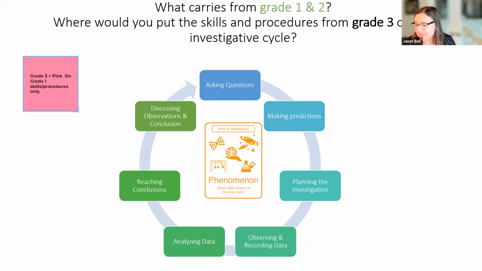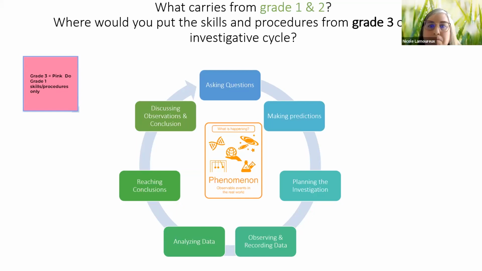Okay. So the comments coming out: grade 2, lots of work on the planning, measurement, steps of the investigation, asking questions.